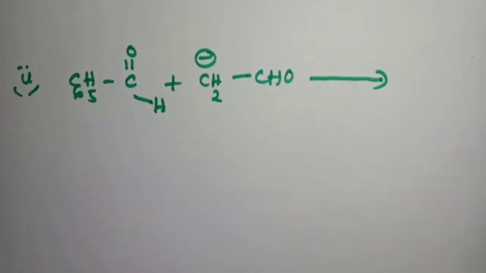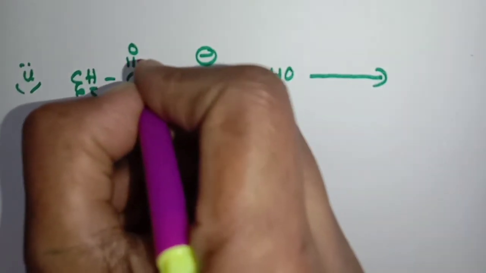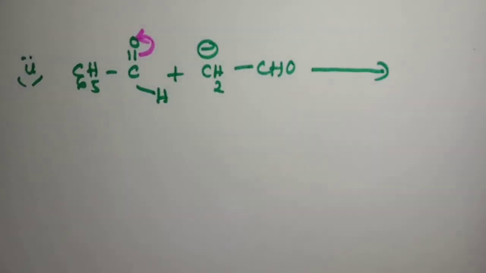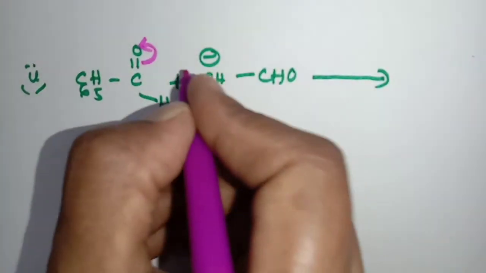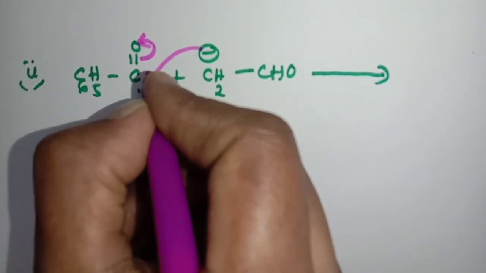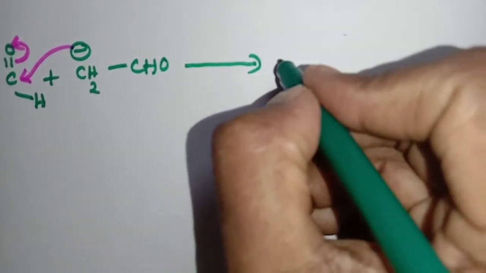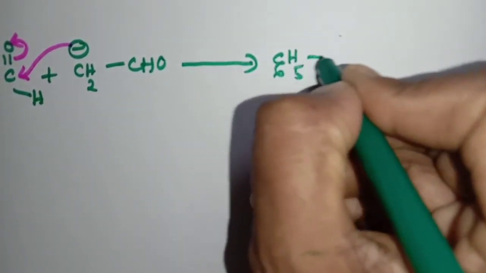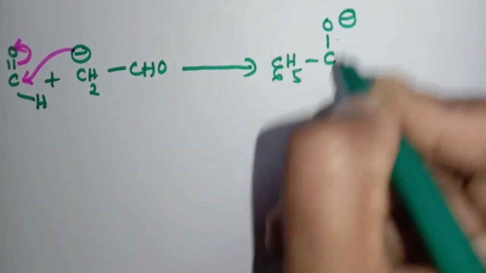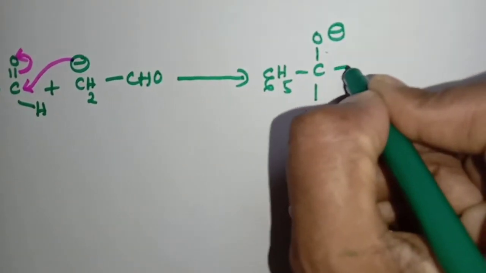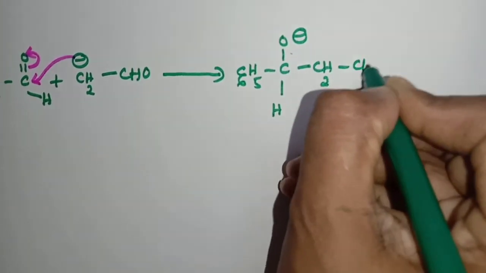So what happens? This pi bond shifts towards oxygen. So O becomes O minus and C becomes C plus. The carbanion attacks the positively charged carbon, resulting in the formation of C6H5 C O minus H CH2 CHO.